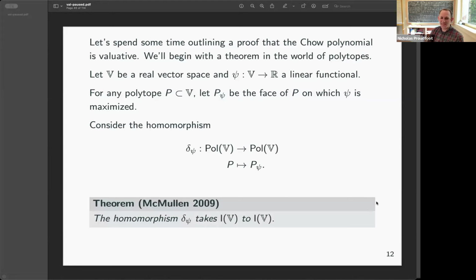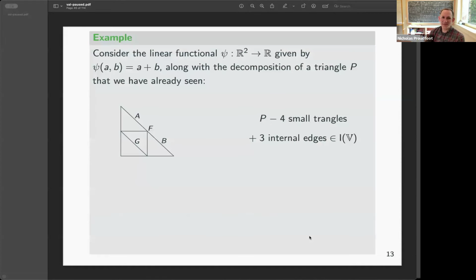So McMullen proves that this homomorphism takes I of V to I of V. And let me illustrate this in an example. So let's think again about this decomposition of a big polytope into smaller triangles and edges. And I want to consider the linear functional that measures up and to the right.